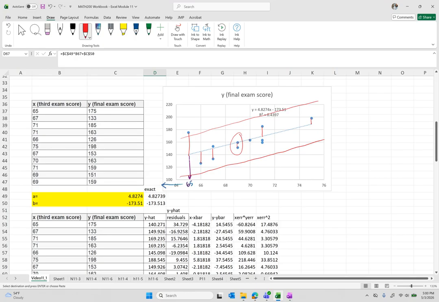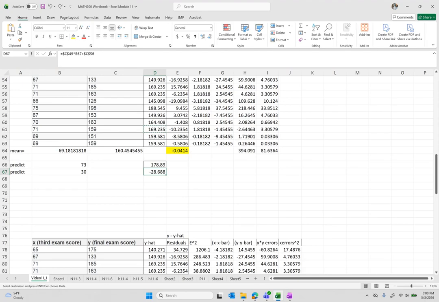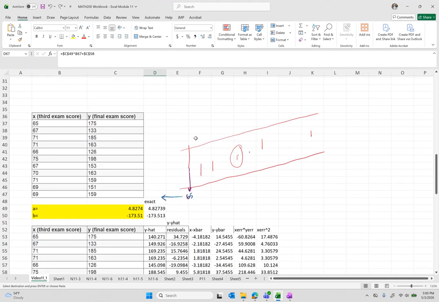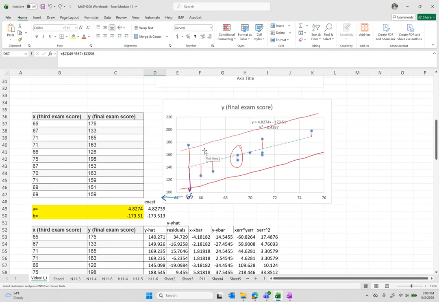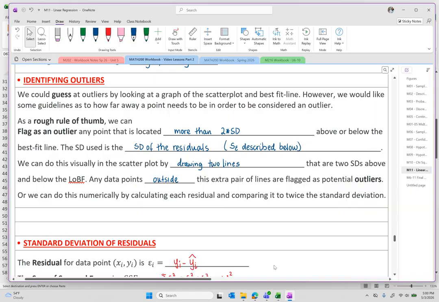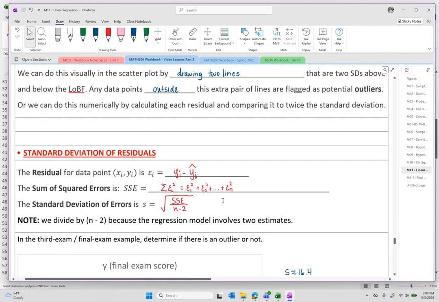They will be parallel to the line of best fit, and any point that lies outside of those 2 lines, that would be visually an outlier. Now the question is, how do we find this distance? We need to know mathematically how to calculate it.